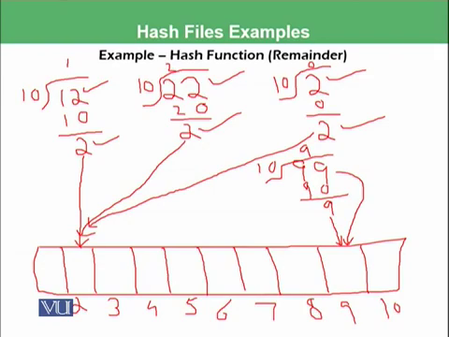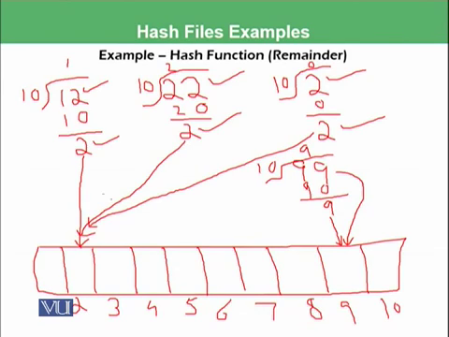It should not happen that all of the records are saved into one particular location. Whatever records are coming into our data should be stored across all of the buckets we have made.